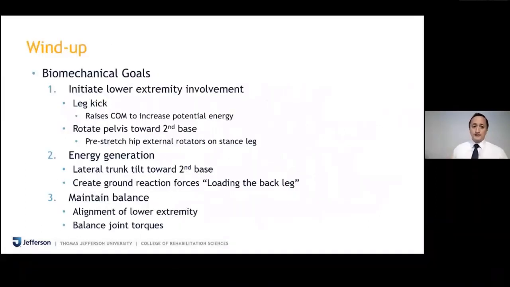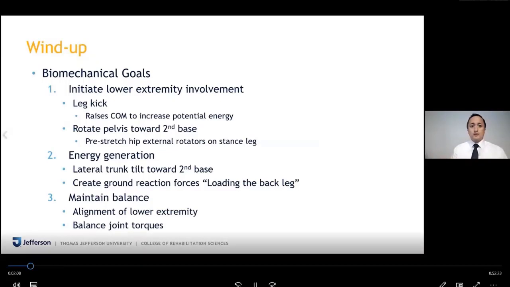When I approach this, instead of specific biomechanical measurements or joint angles, I like to put it in the perspective of a biomechanical goal. Every pitcher is going to approach it slightly differently, and as long as they achieve that goal, that's okay. It allows each individual player to get to that goal by maybe a different path.